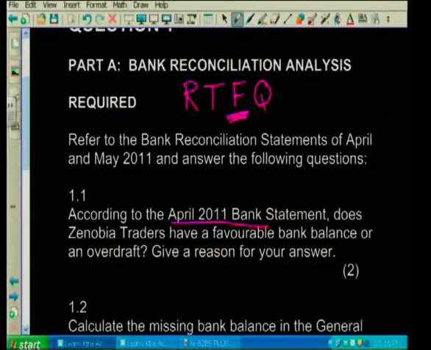What does that stand for? What's this acronym all about? Read the full question. And remember, when you're angry, that's not what you say, but that for a later stage. According to the April bank statement, does Zenobia Traders have a favorable bank balance or an overdraft? Give a reason for your answer.